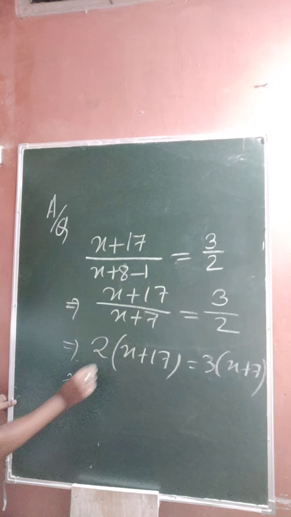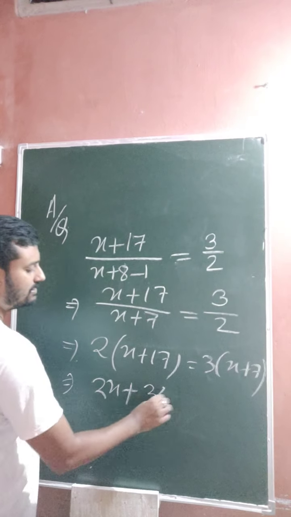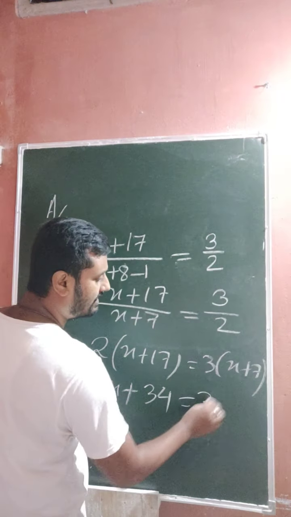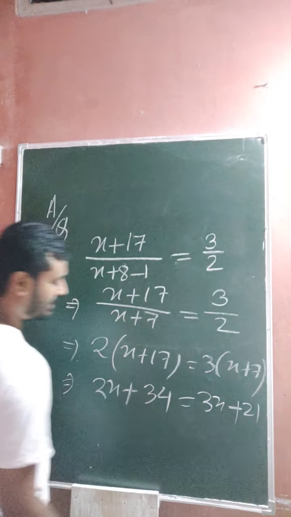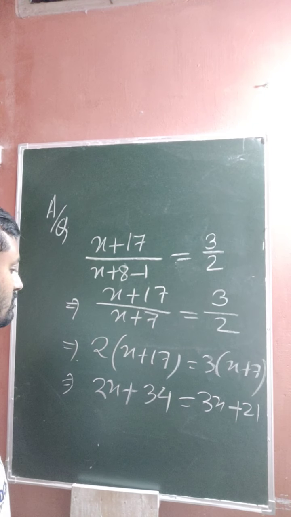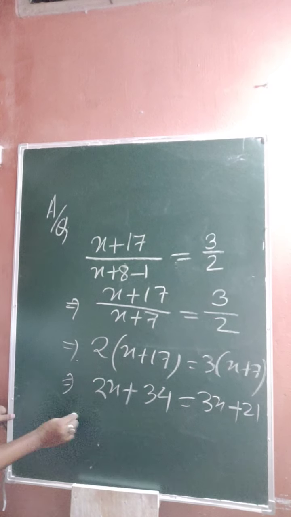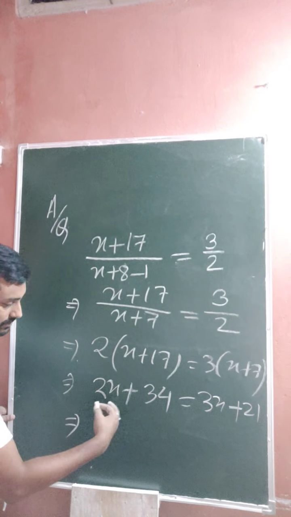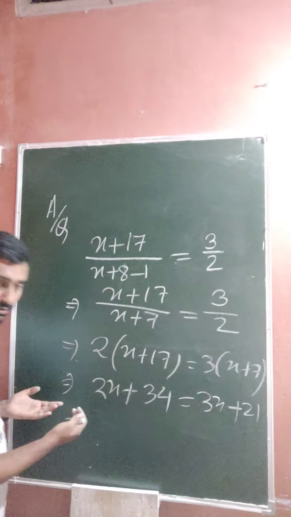So now you have to remove the brackets. 2 into x becomes 2x, plus 2 into 17 becomes 34. 3 into x, 3x, 3 into 7 becomes 21. Now you can carry 2x to that side, or you can take 3x to this side also.